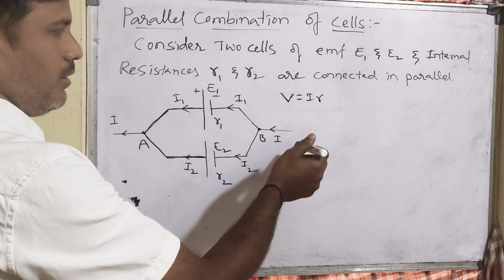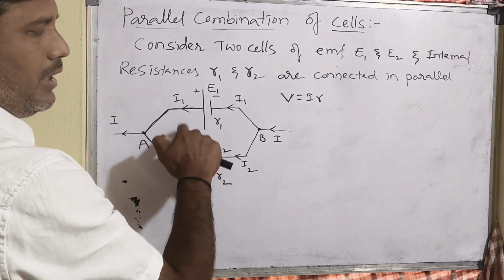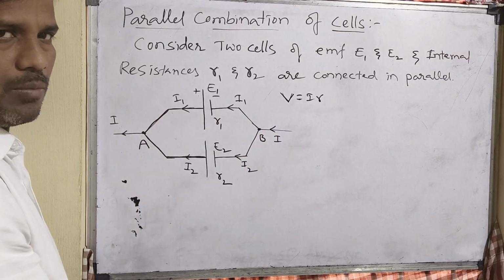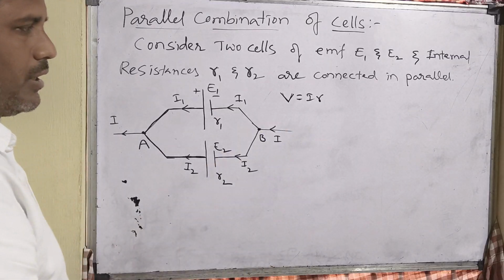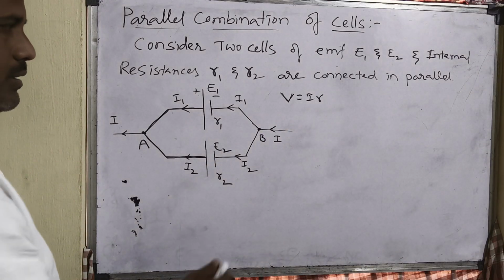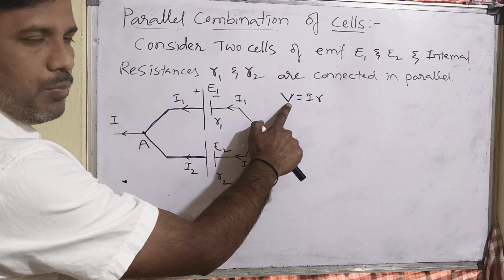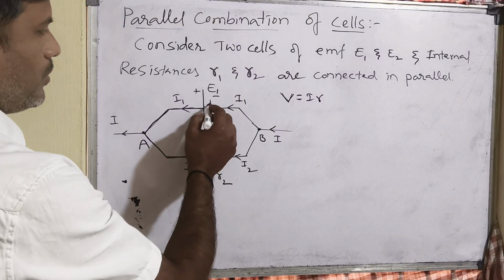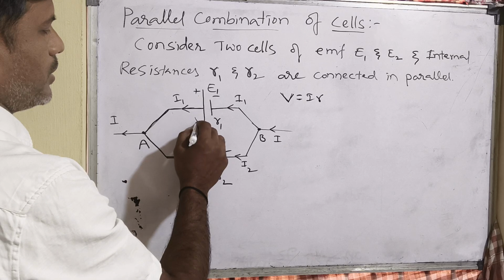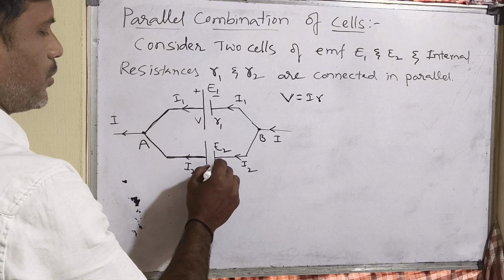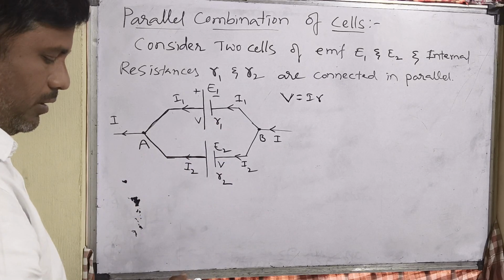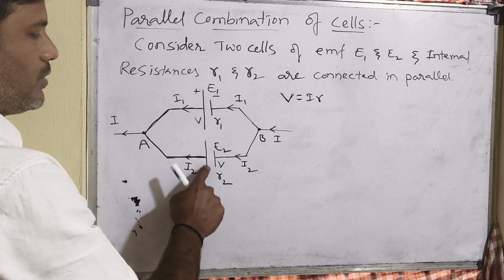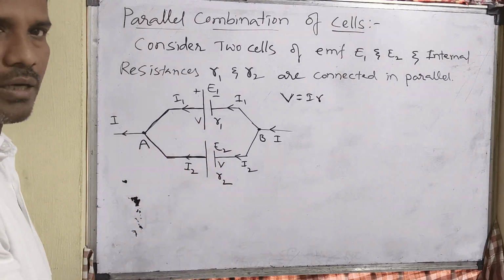In this relation, I is variable and the internal resistances are also variable. But the remaining quantity is the potential difference, the terminal potential difference of the individual cells. That is why it is the potential difference V here and V here also. This is a very important point: only the potential difference is constant in a parallel combination.